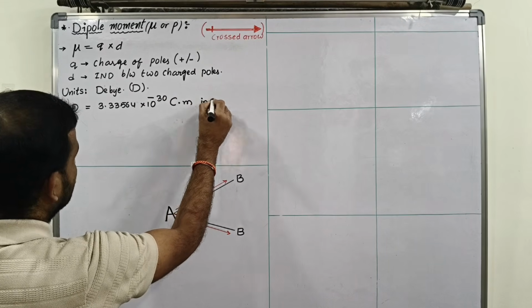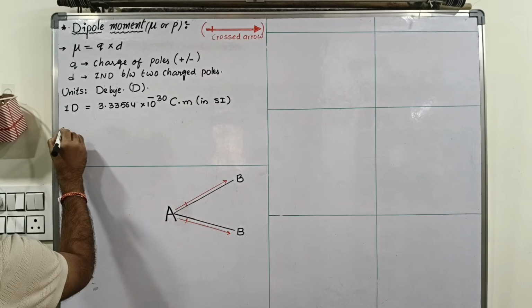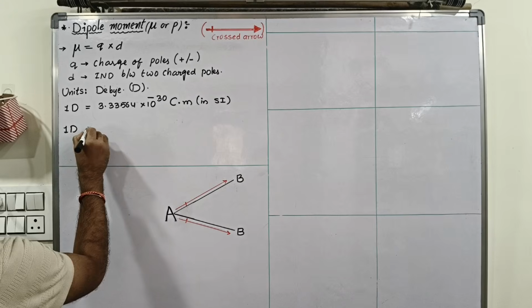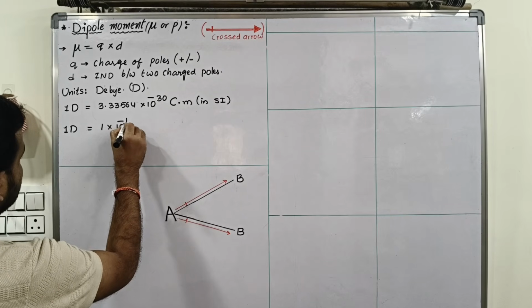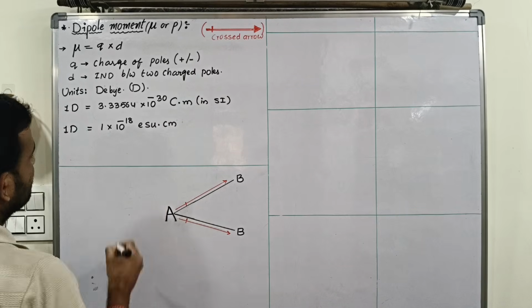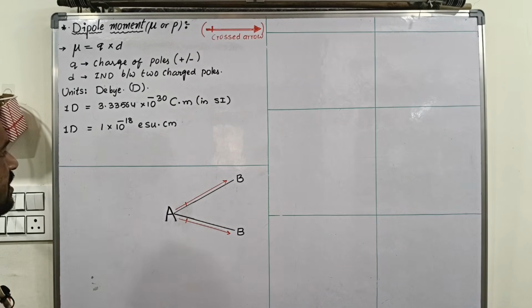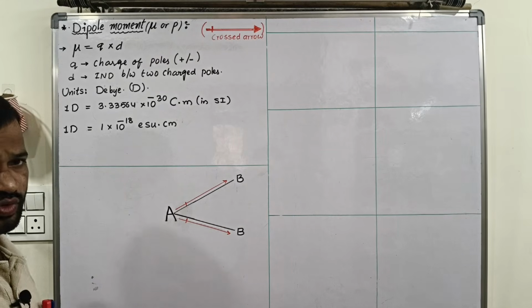It is in SI units. The debye in CGS units is 1 into 10 power minus 18 ESU centimeters. ESU means electrostatic unit. This is the dipole moment.